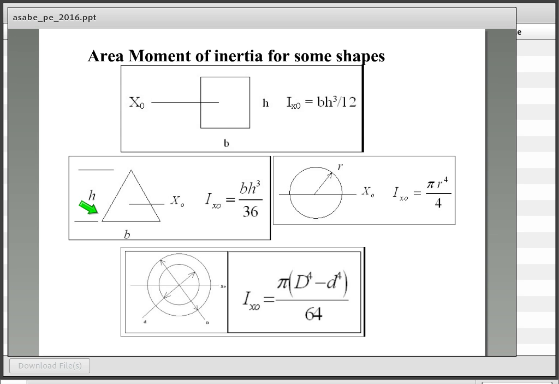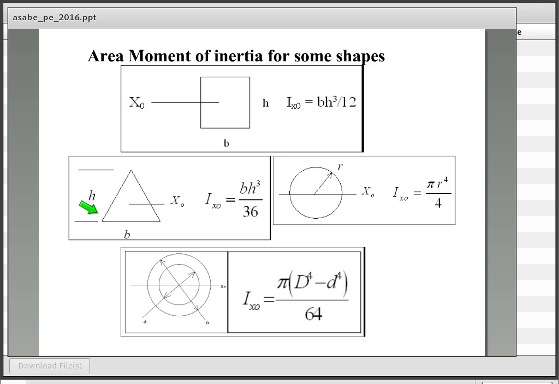If you do that for a rectangular section like this, the area moment of inertia about the centroidal axis would be bh cubed over 12. That's a good formula to remember and have in your portfolio of knowledge.